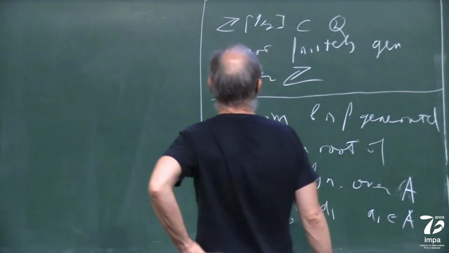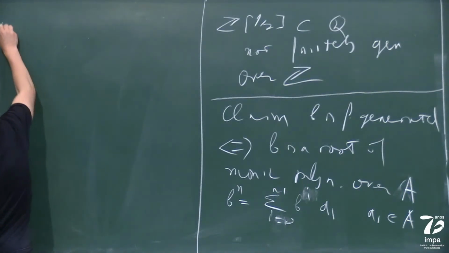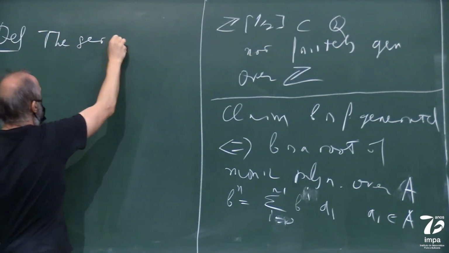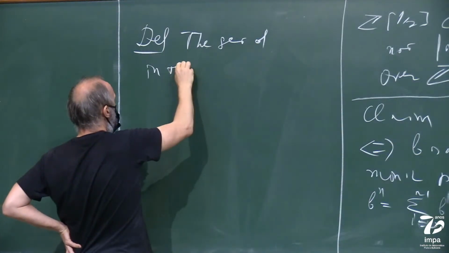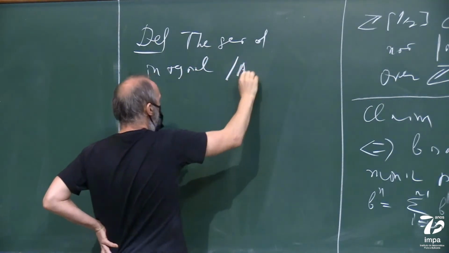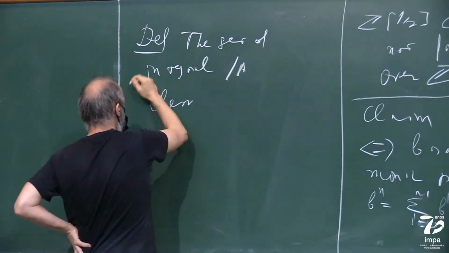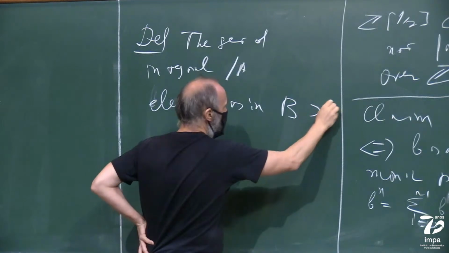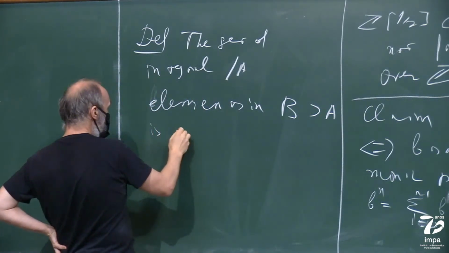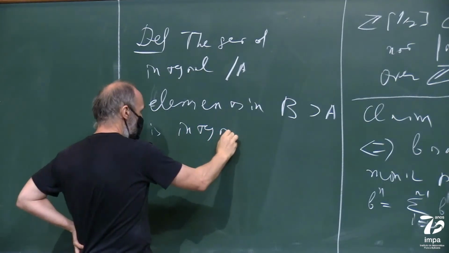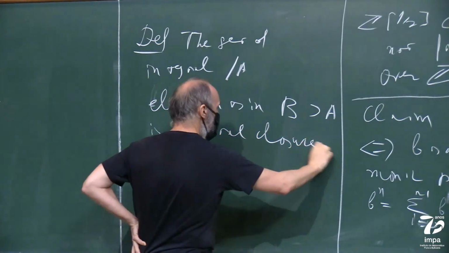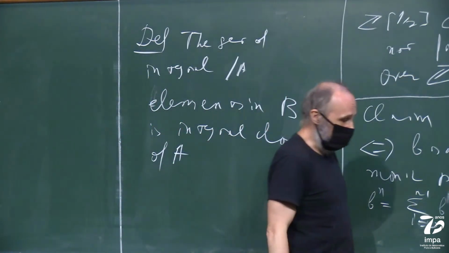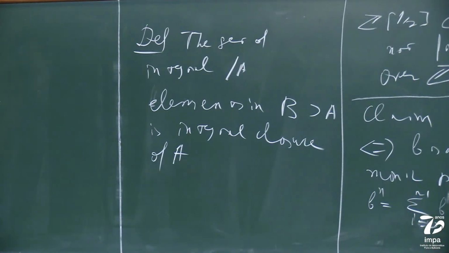Okay, also we have integral closure. So it is a definition: the set of integral over A elements in B, which contains A, is called the integral closure of A. Since they are all roots of monic polynomials, they are all algebraic, but that's not sufficient.